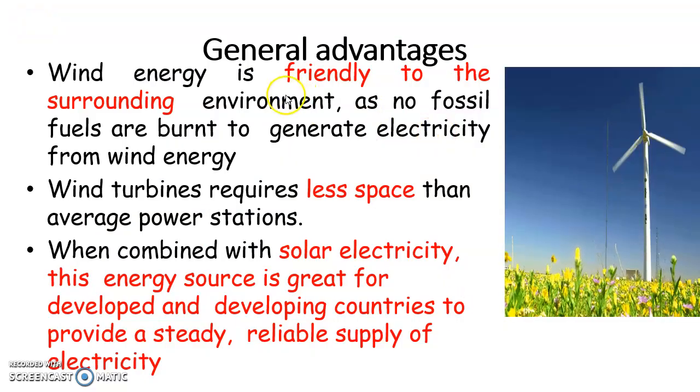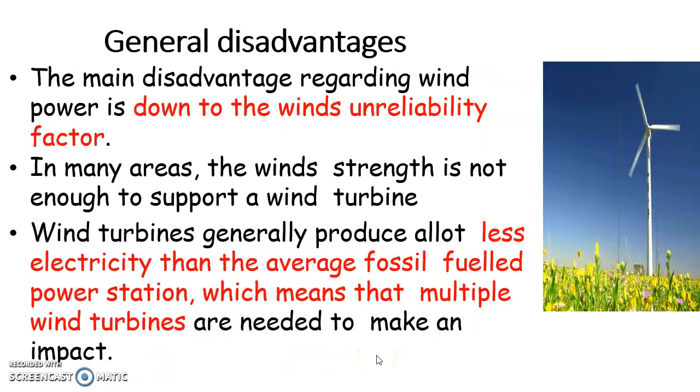The general advantage is it is friendly to the surrounding and needs less space than an average power station, and combined with solar electricity, this energy source is great for developed and developing countries to provide a steady and reliable supply of electricity. And the main disadvantage regarding wind is the wind's unreliability factor.